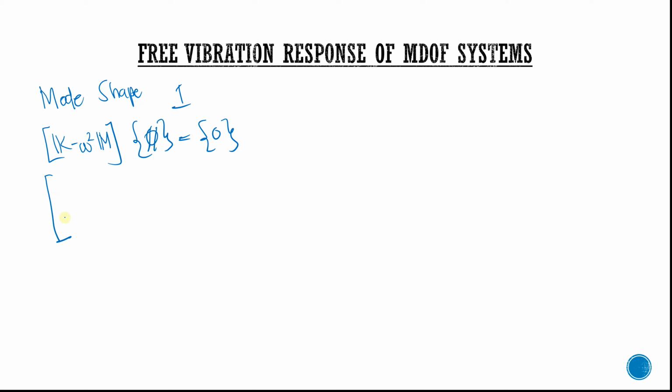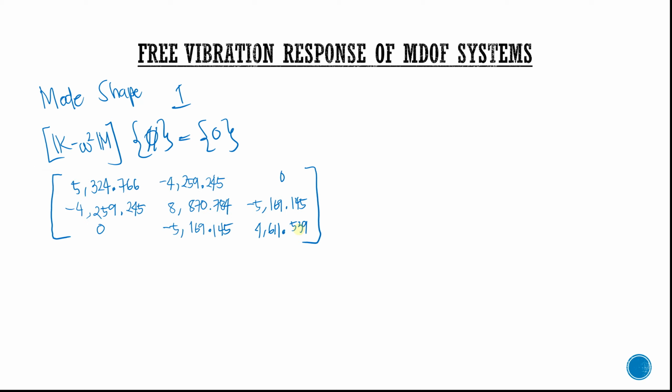So this is the matrix for the first mode shape that we have calculated earlier. And then for our mode shape vector, we'll have the mode shape 1 for the first floor, the mode shape 1 for the second floor, and the mode shape 1 for the third floor, equal to the null vector.